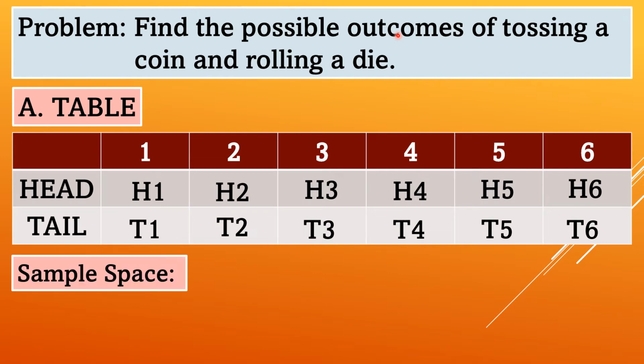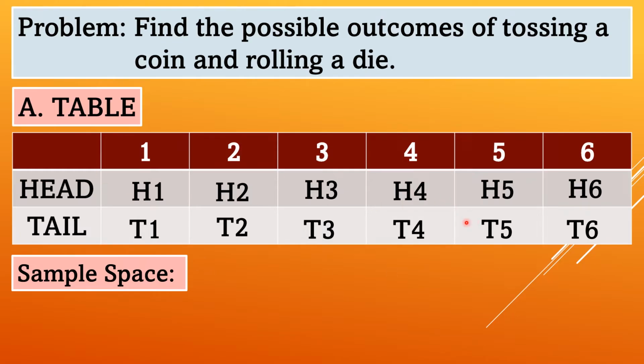So, we are going to list all the possible outcomes. So, saan natin kukunin ang mga possible outcomes? So, ito siya. So these are the possible outcomes. So since lahat yan ay possible outcomes niya, we are going to list that down. Lahat po yan.